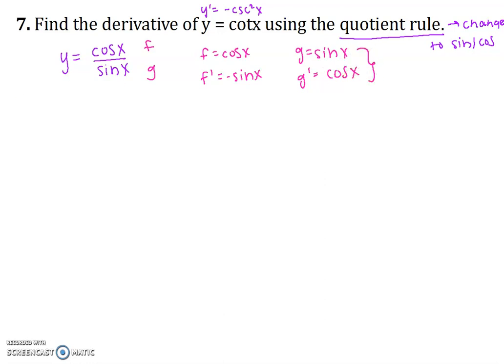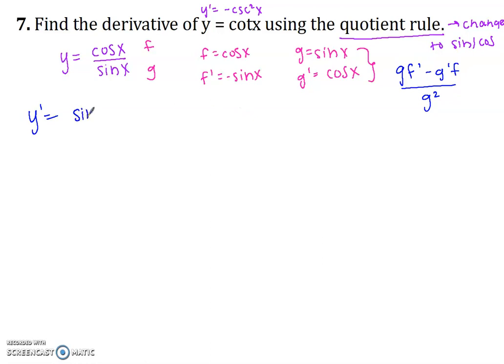Then I'm just going to take all of that and use my quotient rule. Look at your quotient rule: it's g times f prime minus g prime times f, all over g squared. So to get the derivative of cotangent using the quotient rule, change to sine and cosine, make the top f, make the bottom g, then just plug it all into your quotient rule.